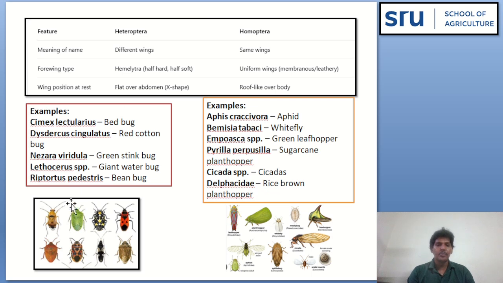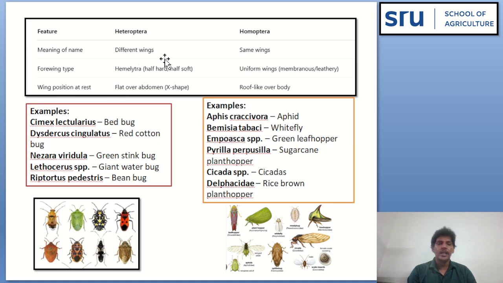Heteroptera means they possess different wings, that is half of the portion of the wing is membranous and the remaining half of the portion of the wing is leathery. But in case of Homoptera, the entire wing is uniform, either membranous or leathery.